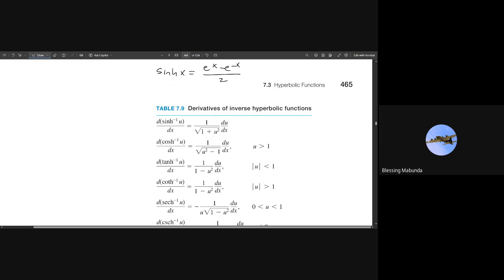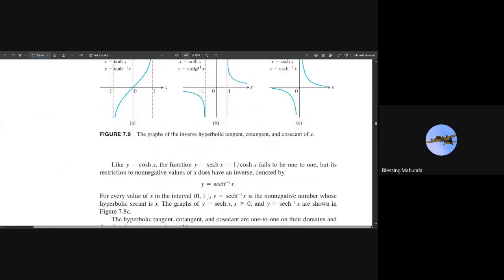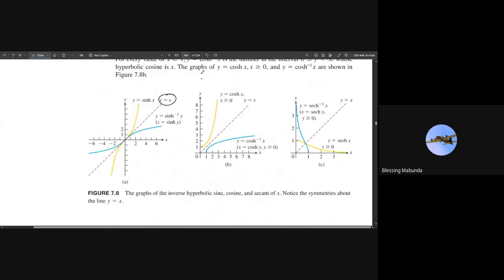And for the inverse, what we had was this here.